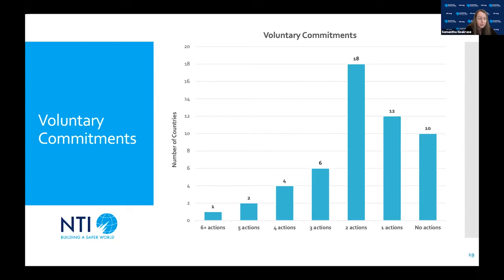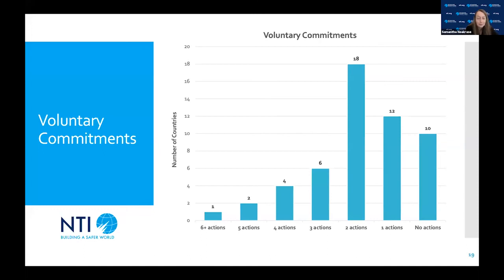They have nuclear facilities. 4 have taken 4, 6 have taken 3, and then you get this big peak where the vast majority of the 53 African countries are not really taking more than 1 or 2 of those voluntary actions.